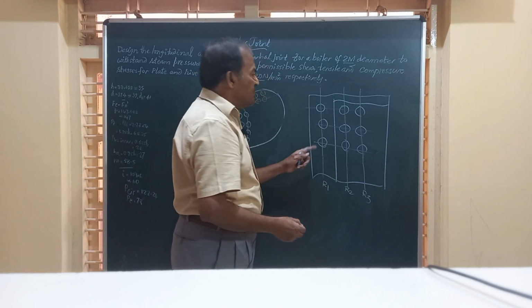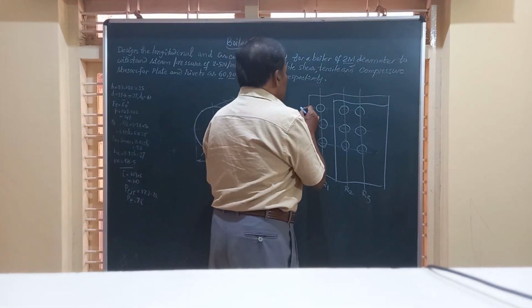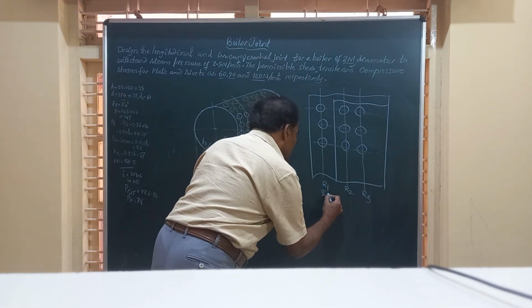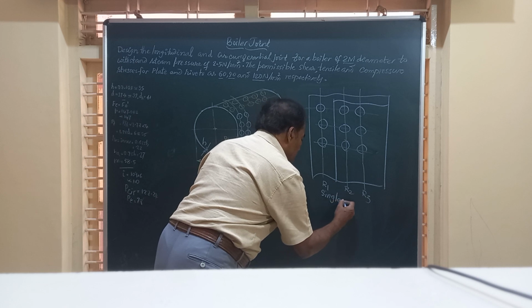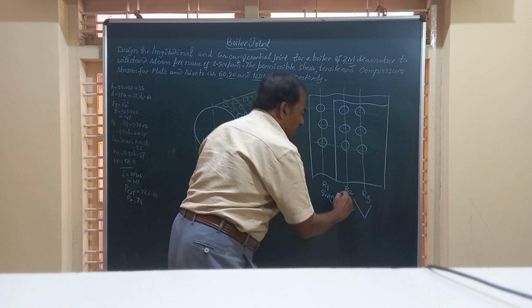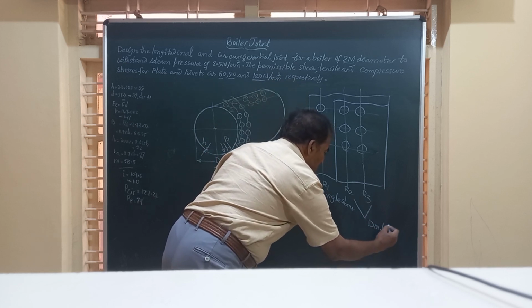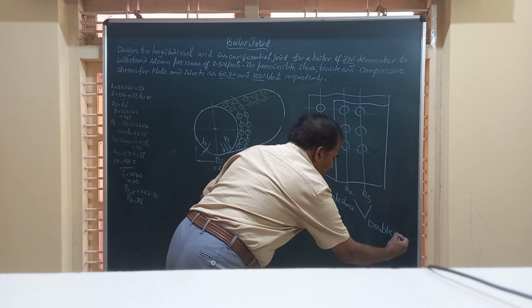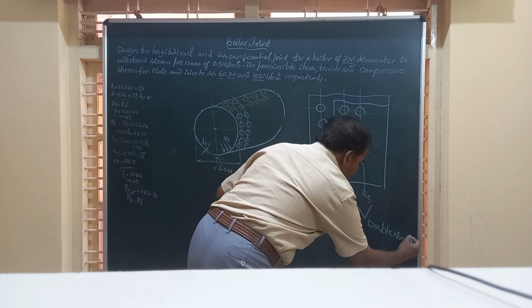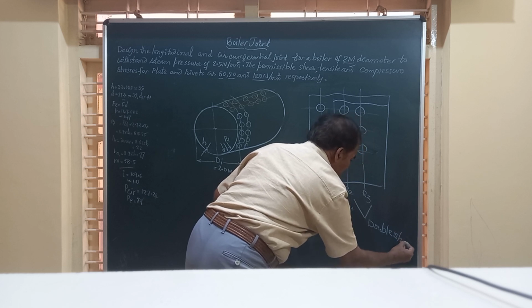If you observe, all the rivets in the first row undergo single shear, whereas these 2 rows, R2 and R3, undergo double shear because the same rivet gets sheared at 2 different locations. Single shear, double shear.